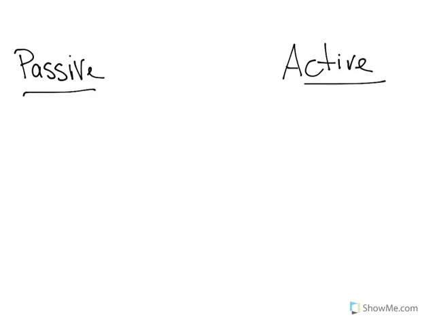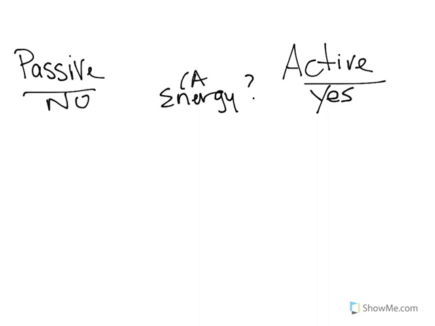I'm going to put passive transport over here and active transport over here. One of the things is whether energy is required. Passive, no. Active, yes. You need to expend energy to move something across the membrane, and it's pretty much the expenditure of ATP.